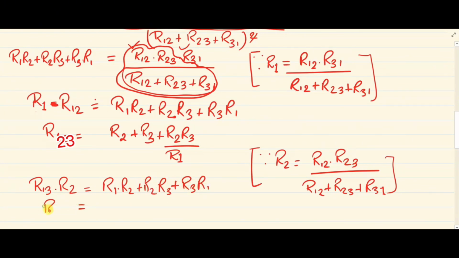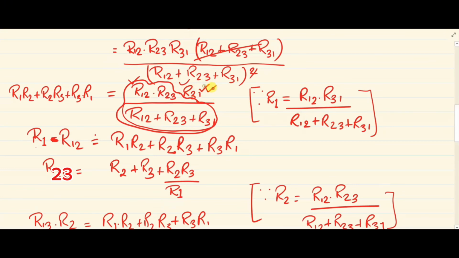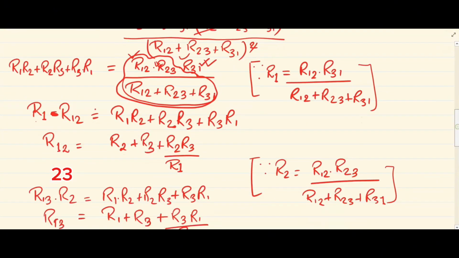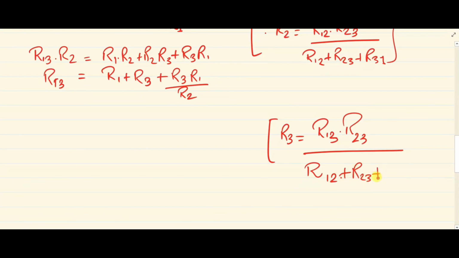Now again, if you substitute the value of R3, we know that R3 is equal to R13 times R23 upon R12 plus R23 plus R31.